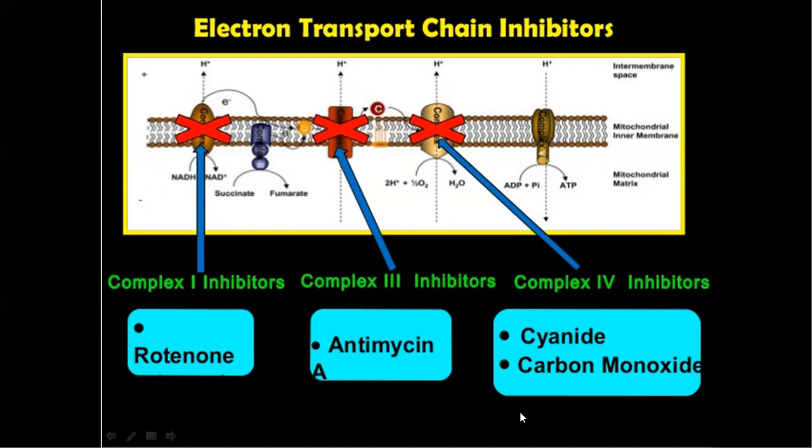And cyanide and carbon monoxide are the inhibitors that inhibit complex 4, called cytochrome oxidase, which contains cytochrome A and A3.